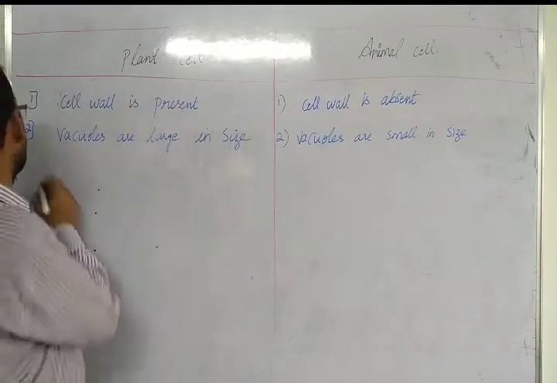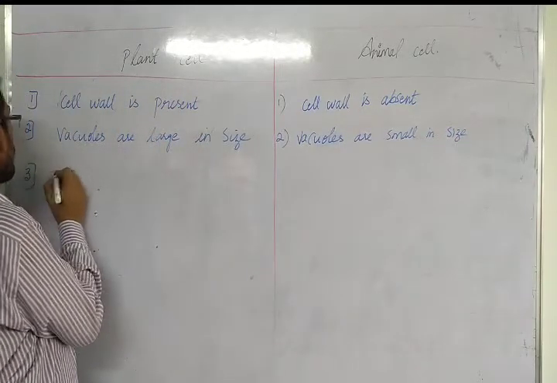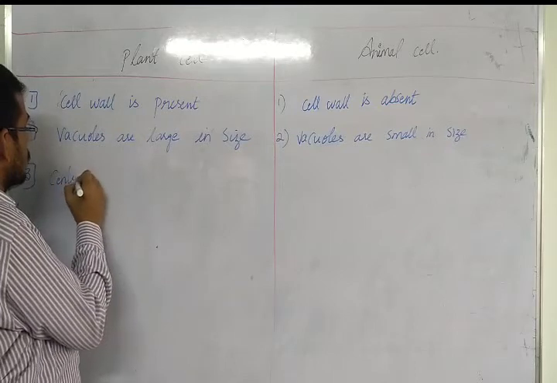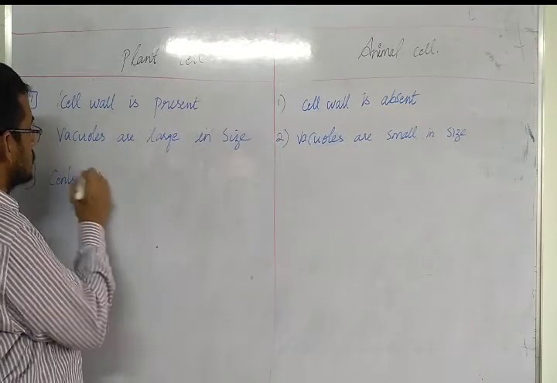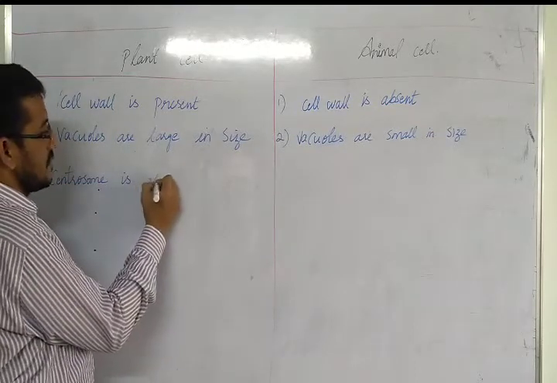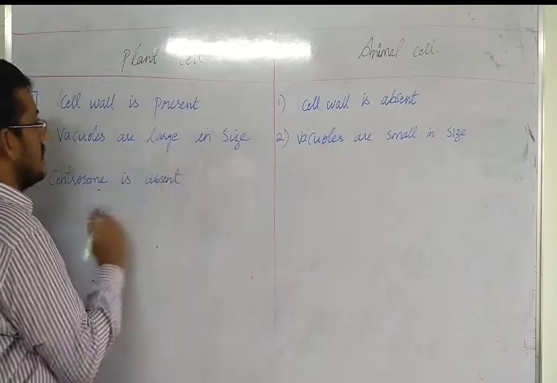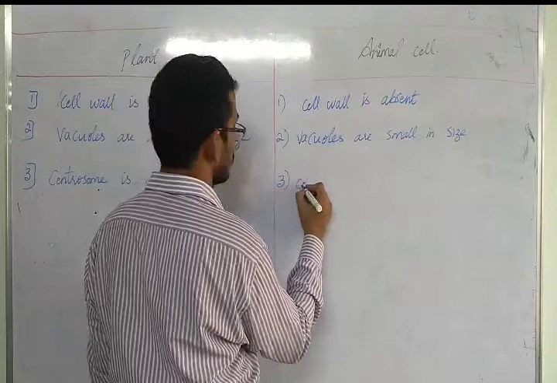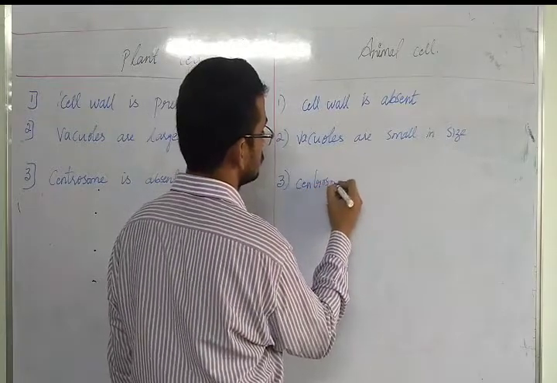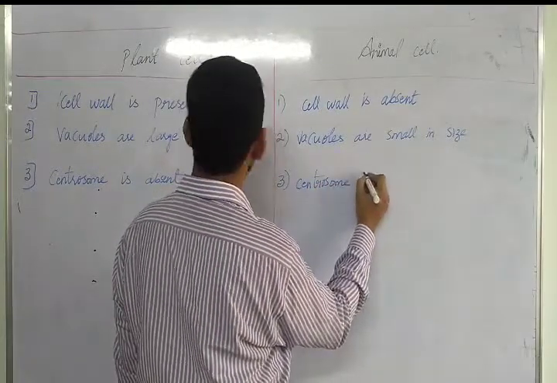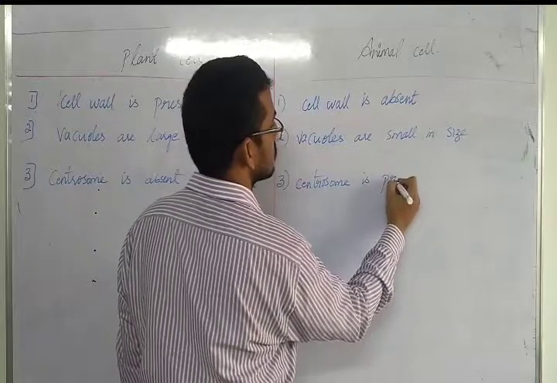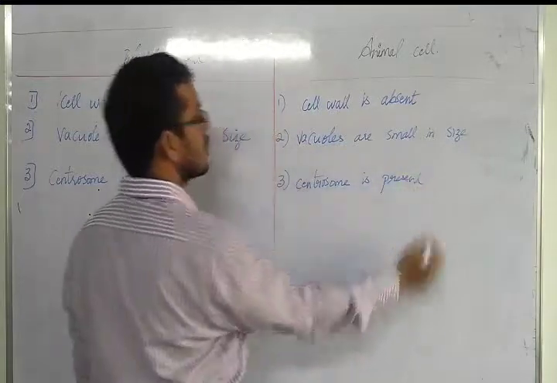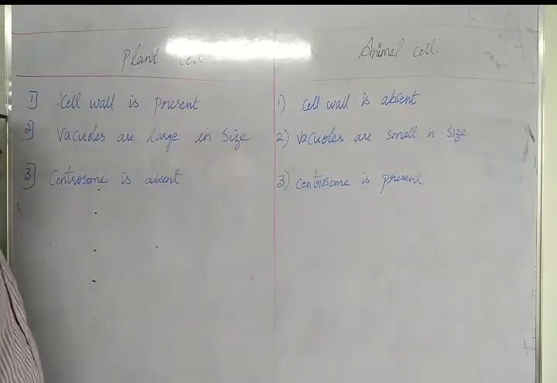Then the third one, centrosome. Centrosome is absent in the plant cell. Centrosome is present in the animal cell. Okay, got it.